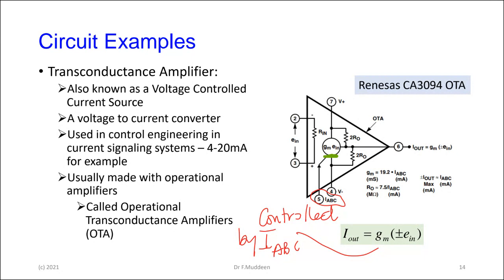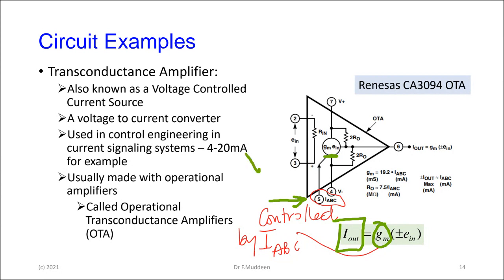GM you can control: there's a pin here that allows you to control the value of GM, which is the transconductance for the device. By varying the current going into there, you can vary that value of GM and therefore get a current that is in proportion, basically within the limits that you needed to operate on.